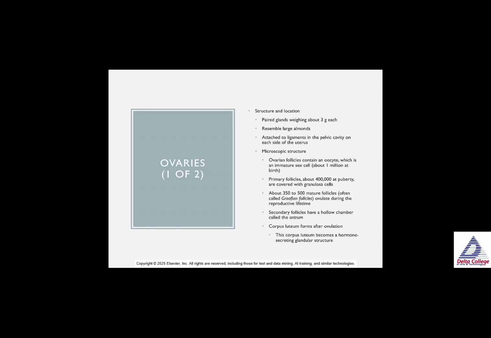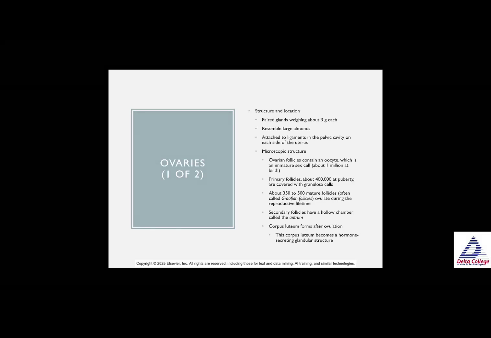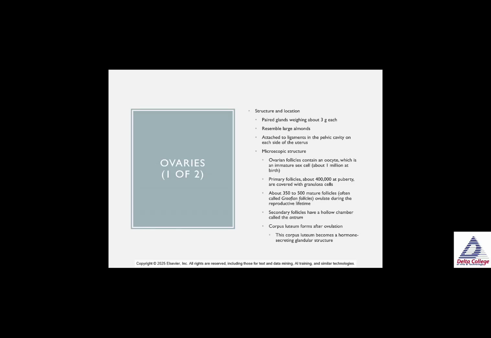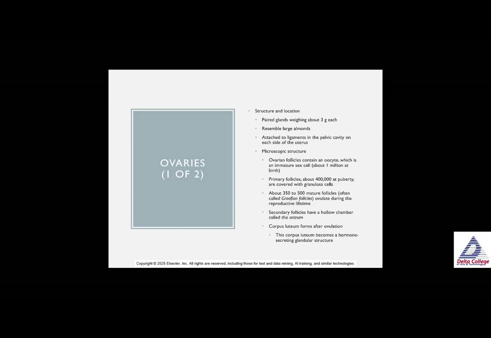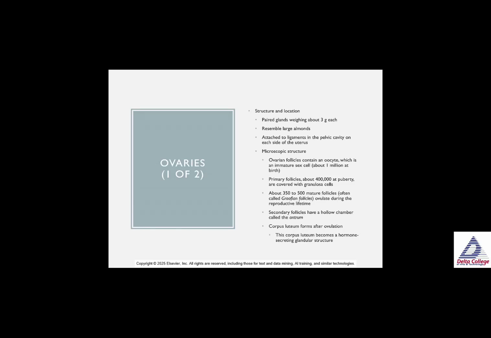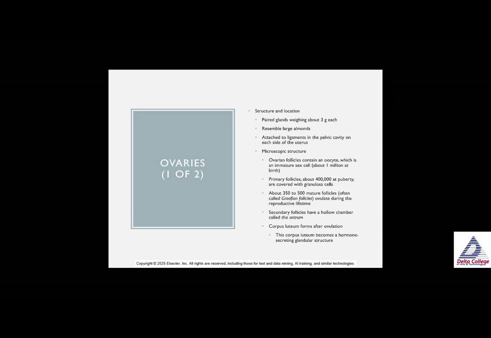The microscopic structure of ovaries is as follows. Ovarian follicles contain an oocyte, which is an immature sex cell. There are about 1 million that we're born with. Primary follicles, about 400,000 at puberty, are covered with granulosa cells. Then about 350 to 500 mature follicles, often called Graafian follicles.